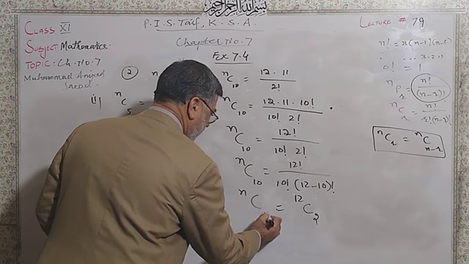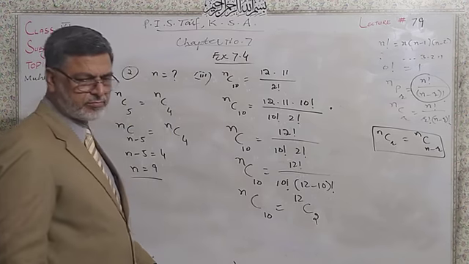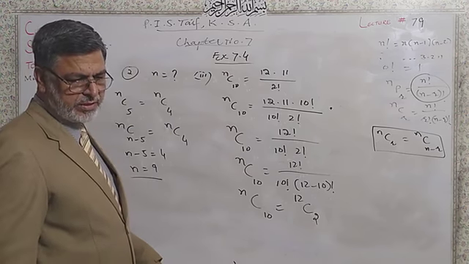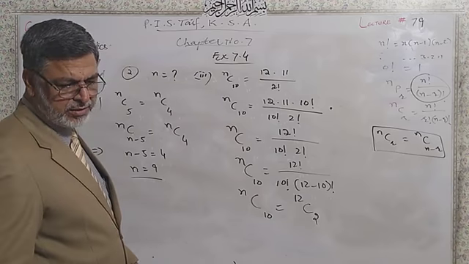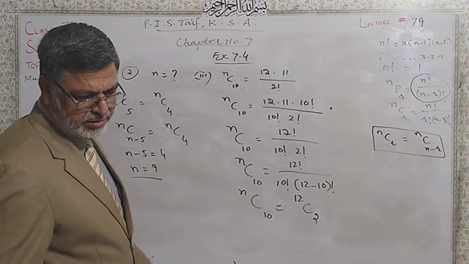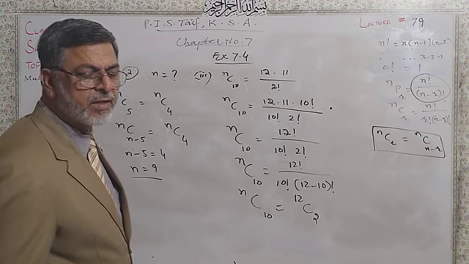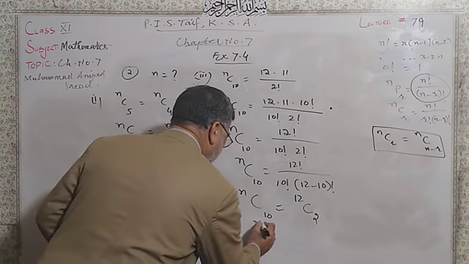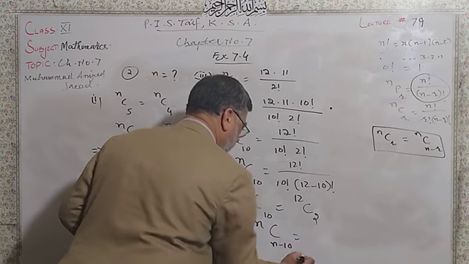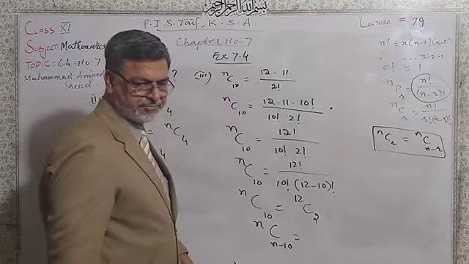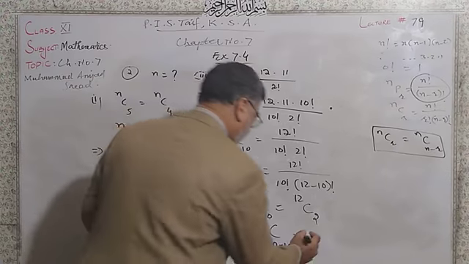So dear students, you can write down nC(n minus 10) is equal to nC2.